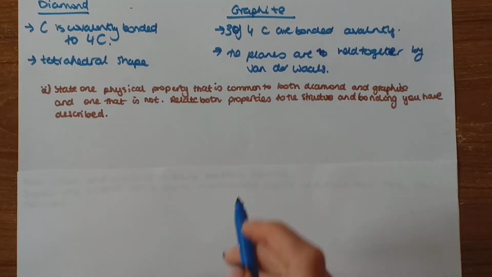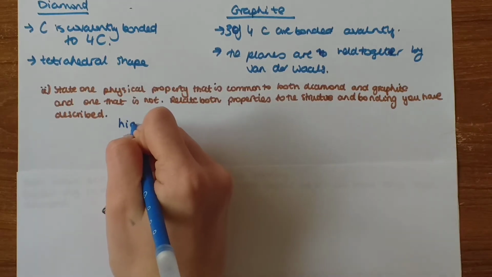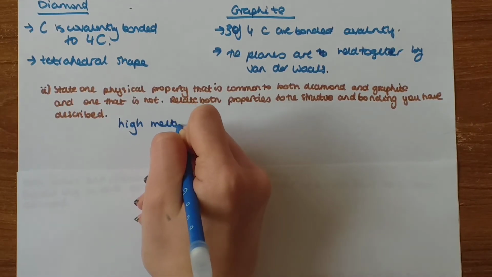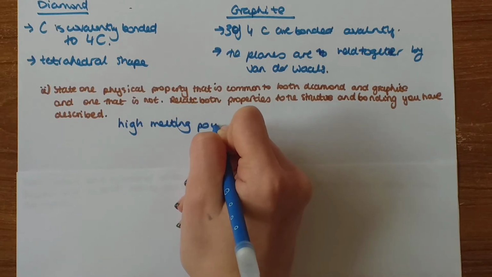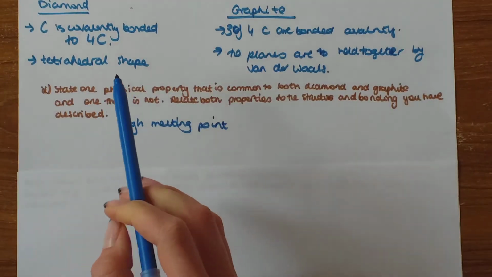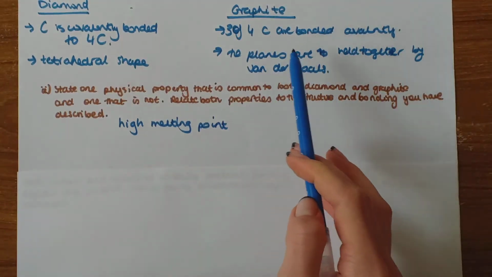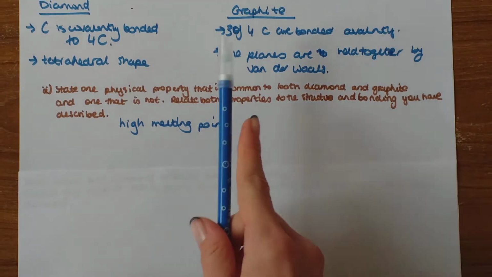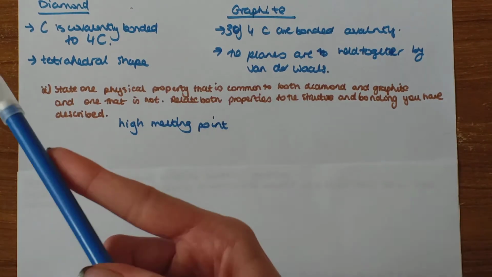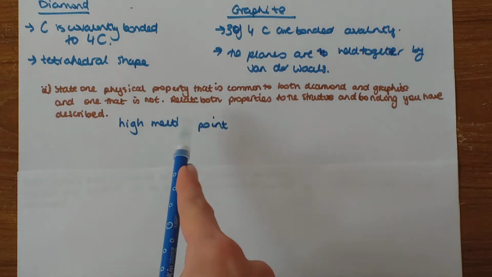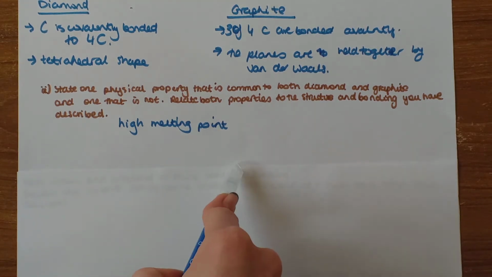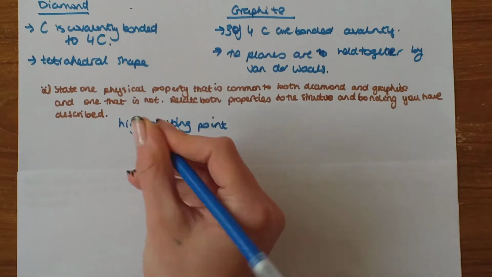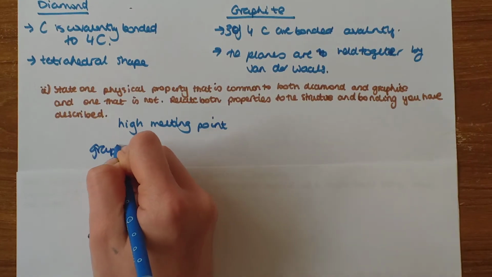So, what we can say is that they both have high melting point. And this is due to the covalent bonds. They're difficult to separate. That's why they both have the same, not the same, but high melting point. The thing that differentiates between those two is that graphite conducts electricity.